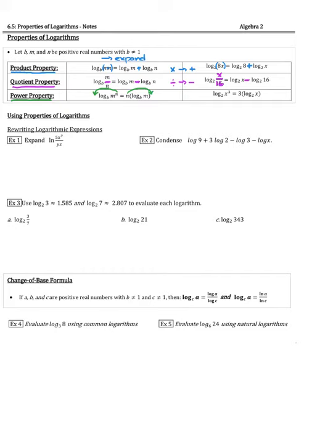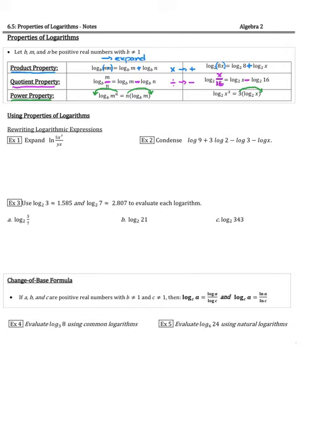That is called our power property, because often we don't want a coefficient in front of our log. So I can take that 3 and move it upstairs so that we have log base 2 of x cubed. Okay, those are our three properties that we want to use when we are expanding or condensing. So let's look at how this works.